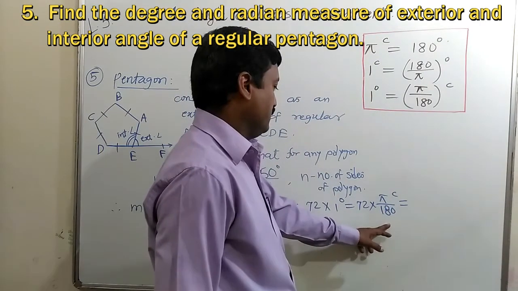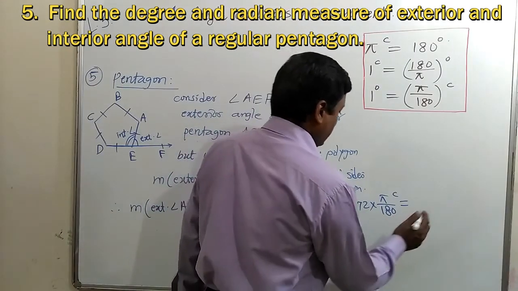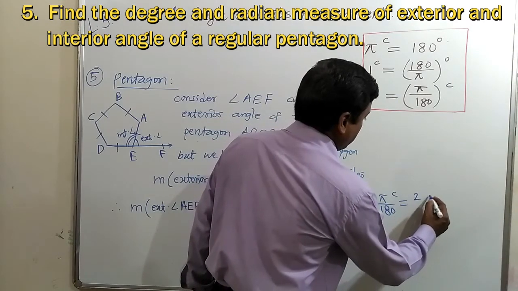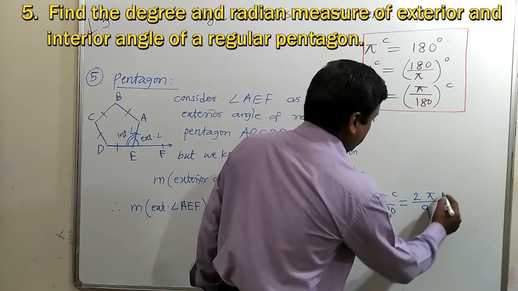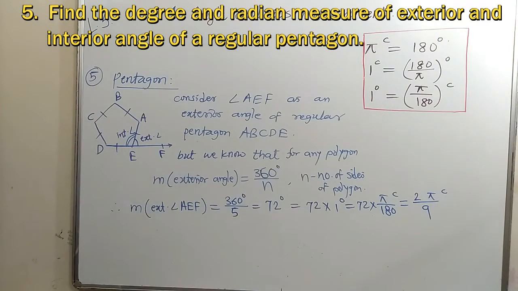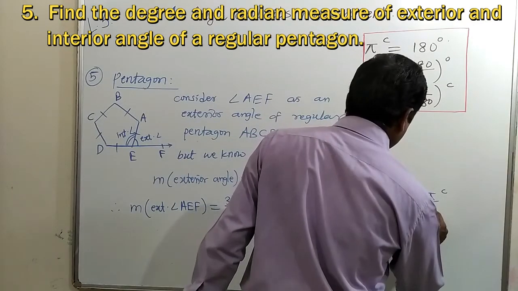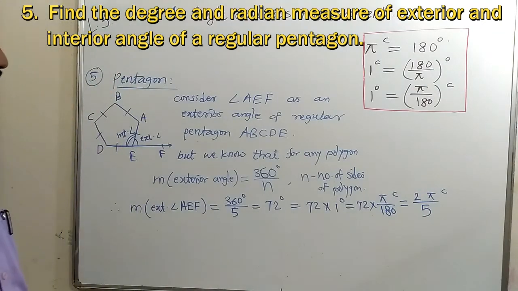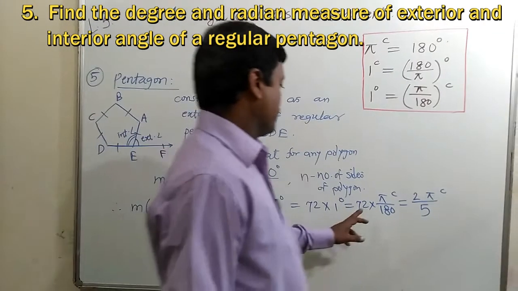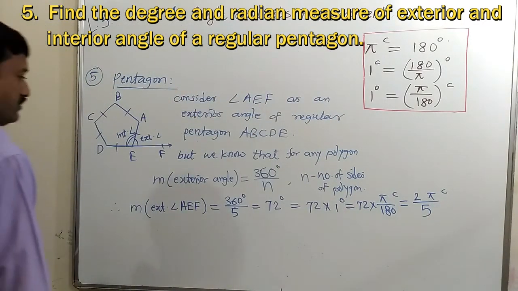It is equal to 2 pi by 5 radian, since 36 into 2 is 72 and 36 into 5 is 180. So it is 2 pi by 5 radian.